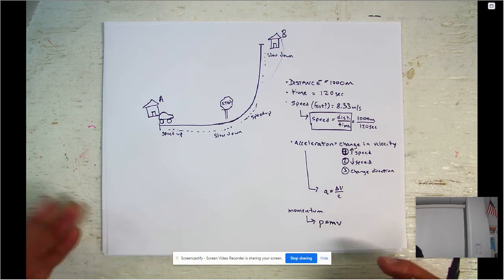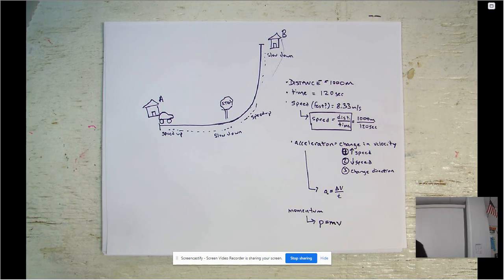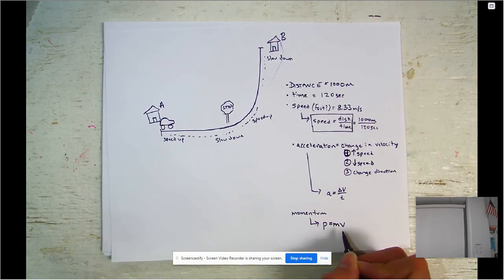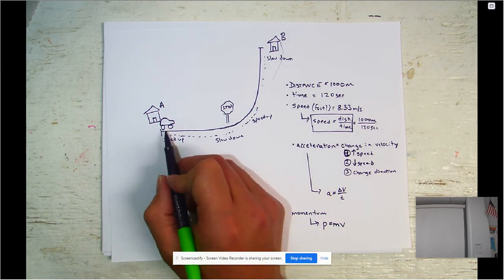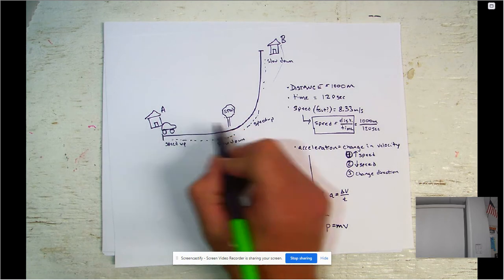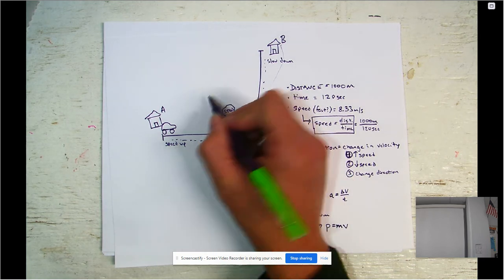So momentum is defined as the amount of mass in motion. So it's mass in motion. As long as you're moving, you have momentum. So as the car is traveling from here to the stop sign, it has momentum. But at the stop sign, if you are stopped, your momentum would be 0.